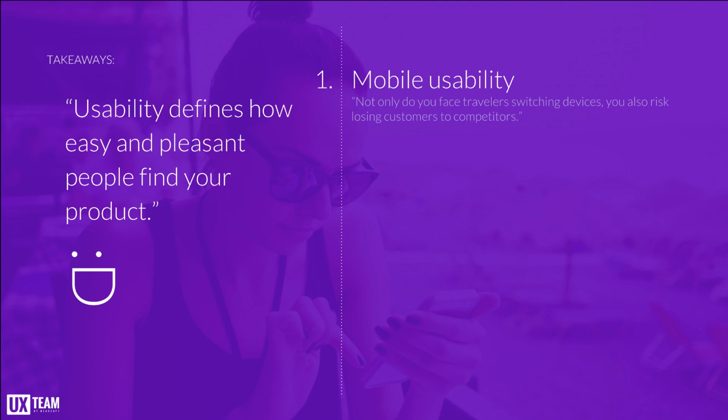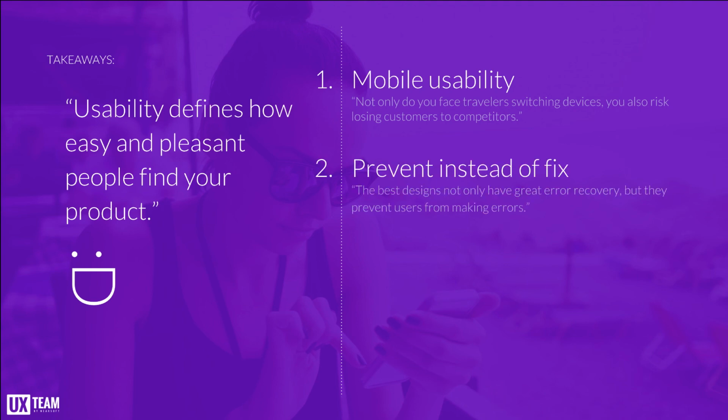The second takeaway is prevent instead of fix. This quote says that the best designs not only have great error recovery, but prevent users from making those errors. It's about taking two or three steps forward to consider what people can do, or in which situations they can fail.